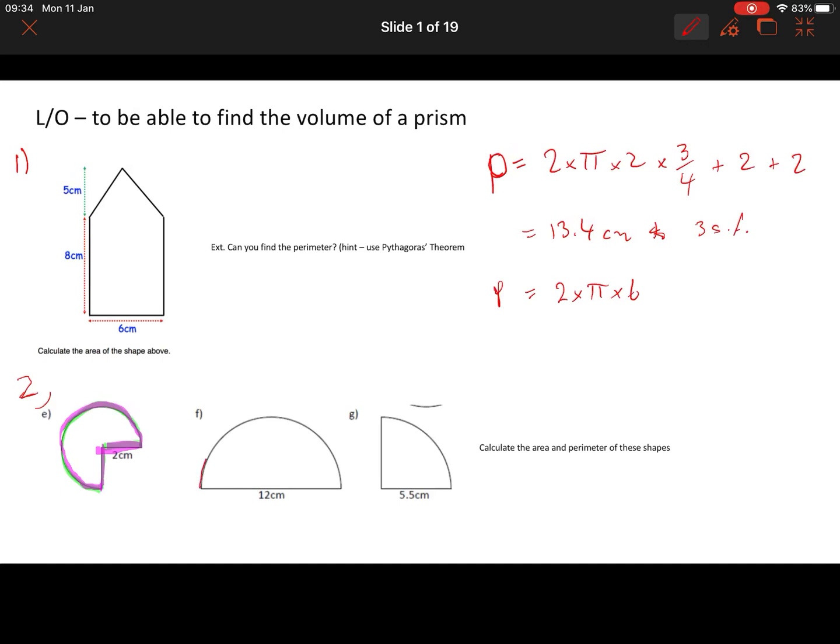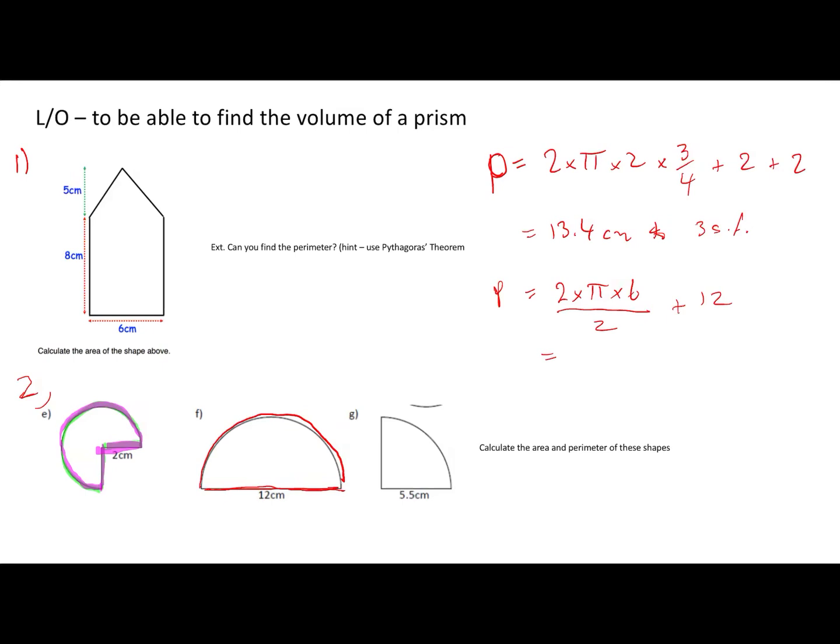Okay. What about the second one? Well, that's going to be 2 times pi times 6 to give me the arc. 2 times pi times 6 and then divide it by 2 because we're only going halfway. That will give me the arc. Don't forget to add on the diameter. I've got to add this on. This is also part of the perimeter.